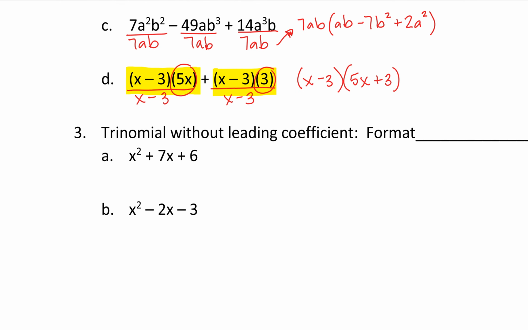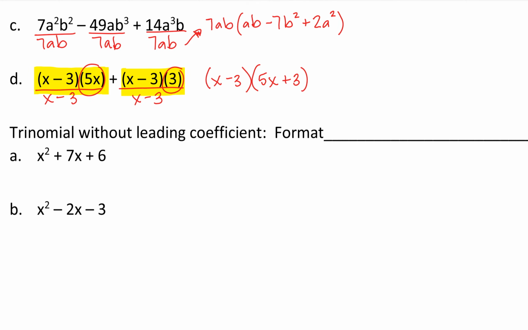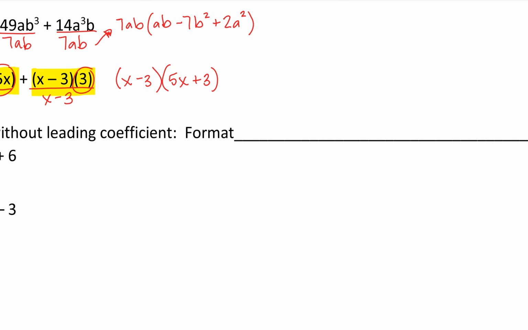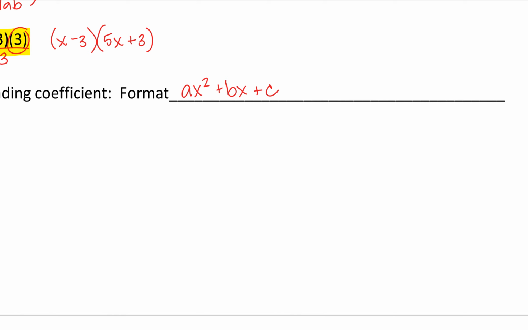So now we're going to look at a trinomial without a lead coefficient, meaning the lead number is a 1. The format we usually see is ax squared plus bx plus c. The method that I tend to use is kind of a visual one. If you don't like this method, that's okay. But for visual purposes, I'm looking for what times what multiplies to give me that c at the end, and the same numbers must also add to give me that b in the middle.